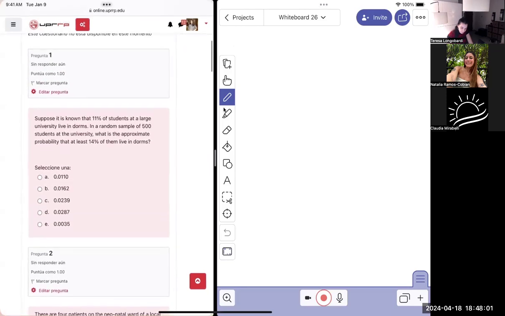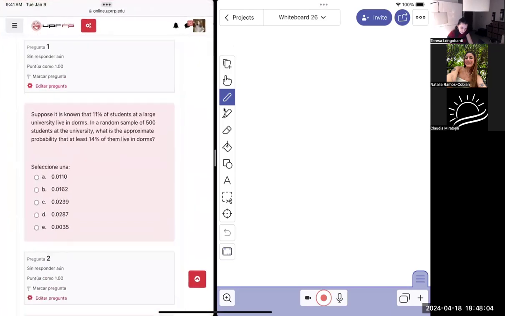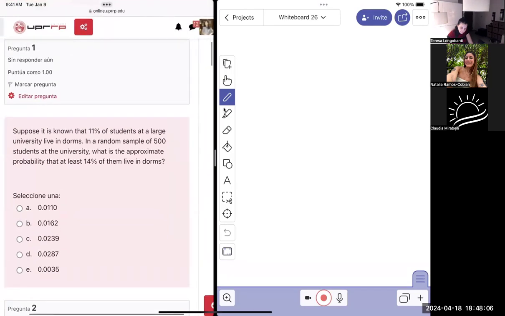Okay, so let's see. So for number 1, we're going to use what you learned in Unit 5, which was the binomial distribution, right? And the binomial distribution is about a variable x that is binomial with parameters n and p.